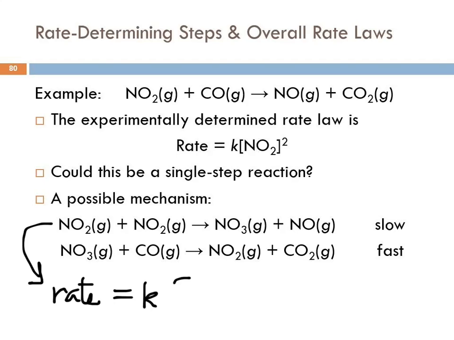It's going to be k times, there's two of these, right? NO2 squared. And that's the same as this. We figured this out experimentally, and then we came up with a mechanism that gave us the same result. That suggests that this is a good mechanism.